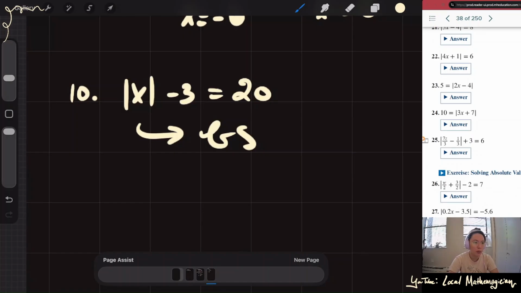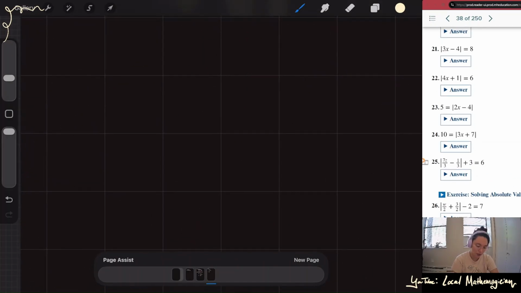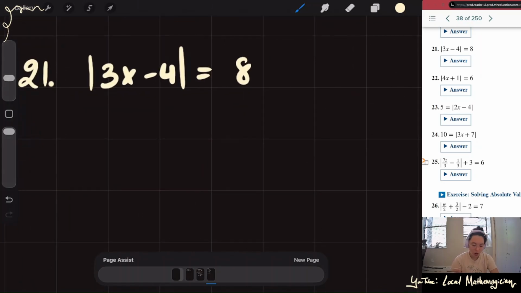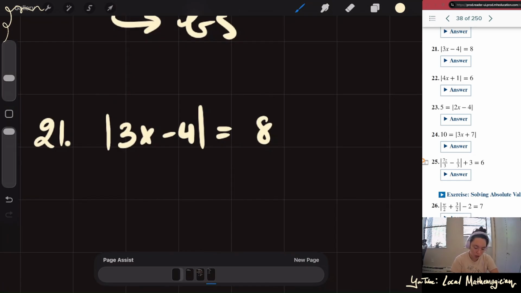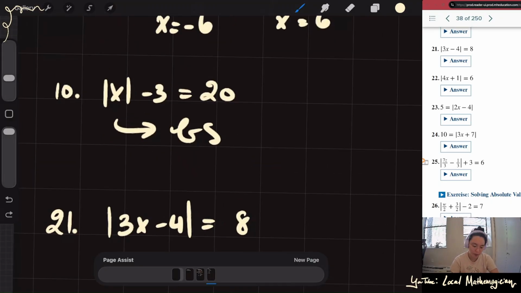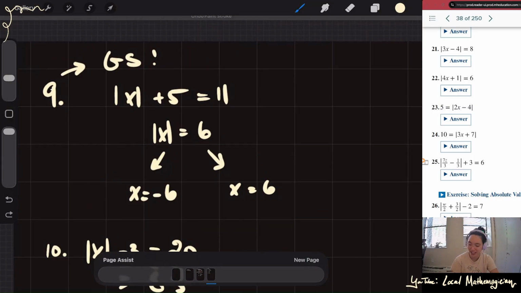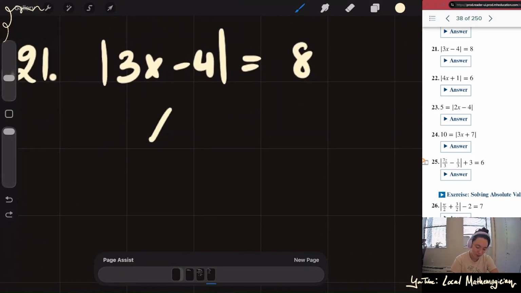What if we look at problem number 21? Let's work this one out together. The absolute value of 3x minus 4, this whole thing is covered by the absolute value, okay? Is equal to 8. Well, we know that whatever this inside is, it can equal +8 or -8. It's the same as this thing up here. So you can actually split this.